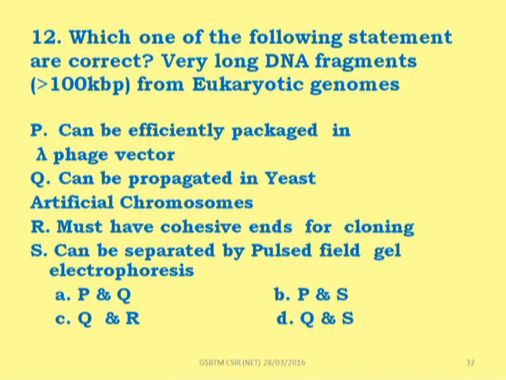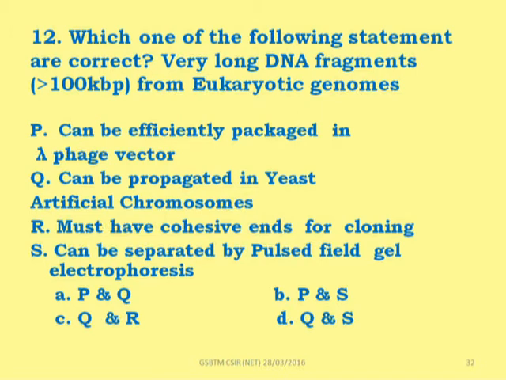Then R, must have cohesive ends for cloning. This is not true. Sometimes blunt end DNA fragments can also be ligated into a vector. Next one, can be separated by pulse field gel electrophoresis. So far as agarose gel electrophoresis is concerned, it is a technique where DNA fragments can be separated on the basis of molecular mass and charge.